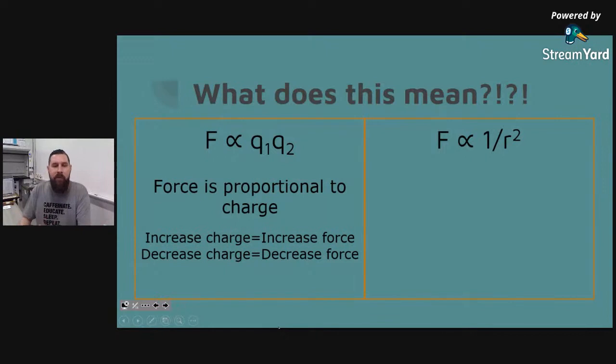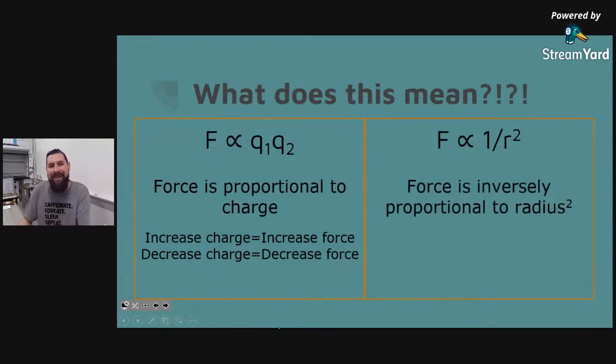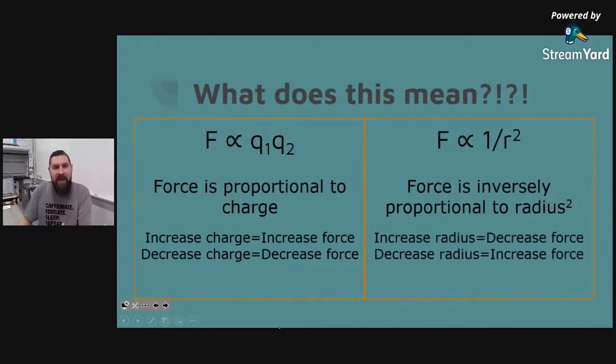The second proportionality is that force is proportional to 1 over R squared. In other words, force is inversely proportional to radius squared. So what this means is that if I increase the radius, I'm going to end up decreasing the force. Likewise, if I decrease the radius, I'm going to increase that force.